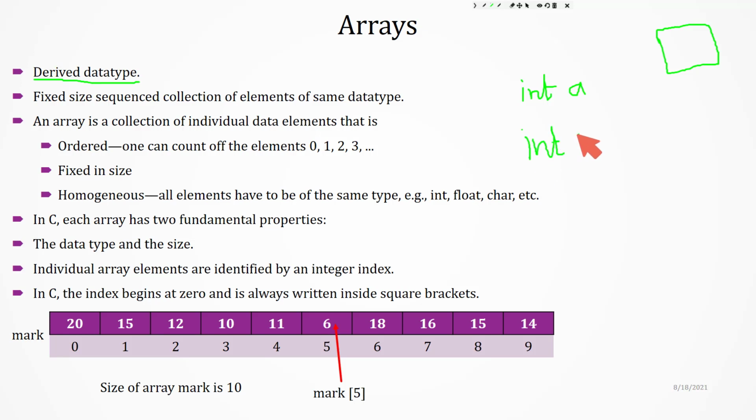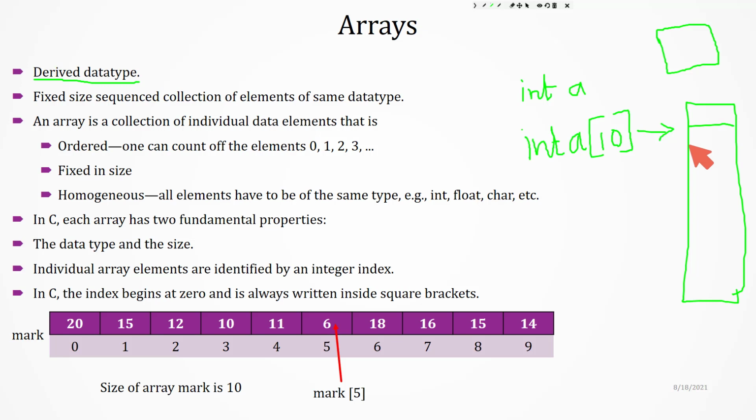Now I am saying int a[10]. Int a means only space for one variable is allocated. Here, space for 10 variables is allocated.